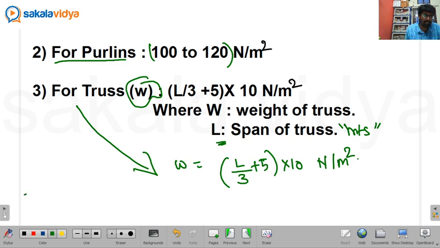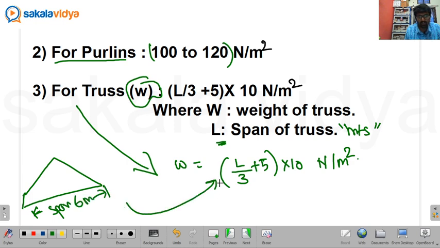For example, the length of a span is 6 meters. What is the formula to calculate dead load? L by 3 plus 5 into 10. In the place of L, you have to substitute this value, that is 6.